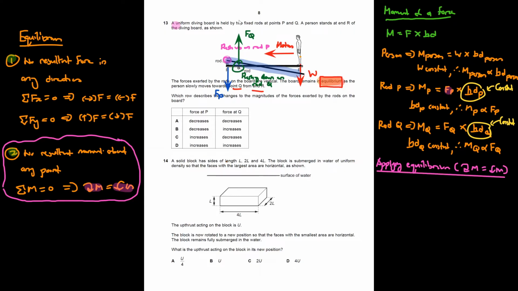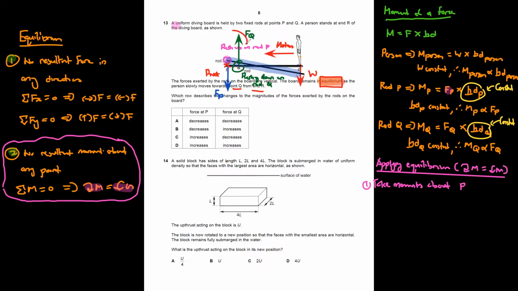So in my case, if I take moments about P, let's just say P is now my pivot. Let's just try and write this out. My P is now my pivot.